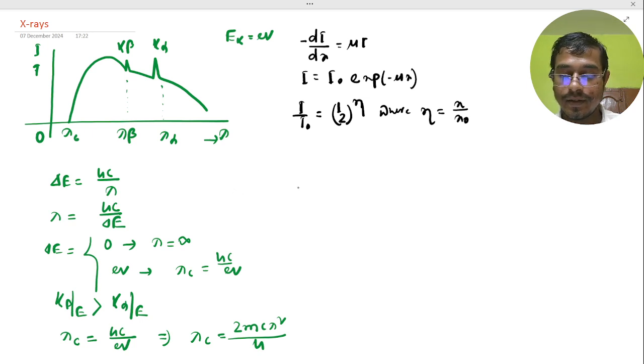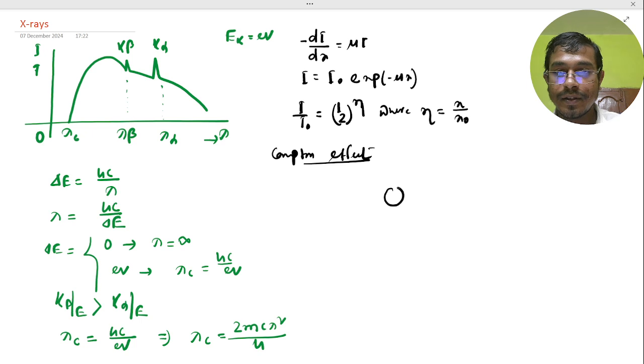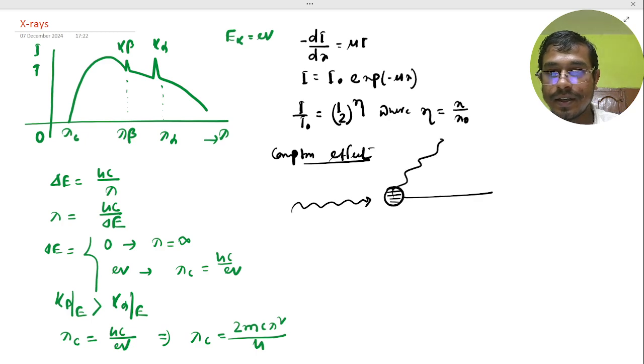So basically for that reduction, X-ray scattering by a stationary electron. The electron is stationary, and the photon scatters here, and this is the scattering, and this angle is phi.